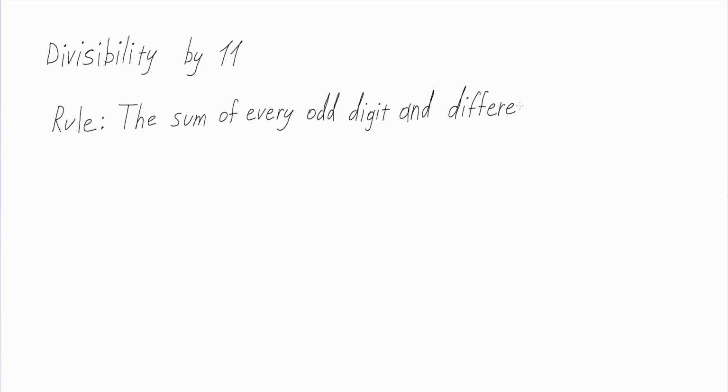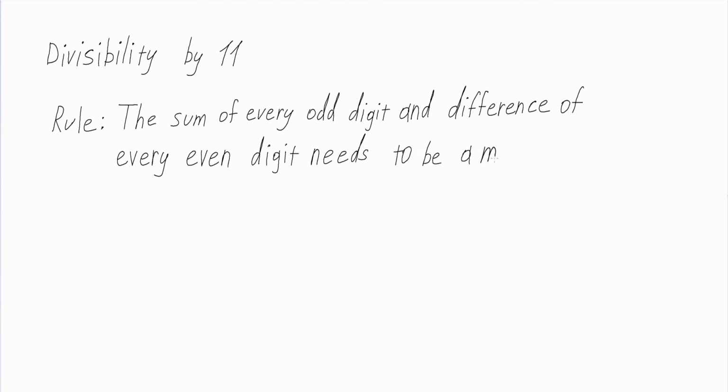The divisibility rule for 11 is a bit more complicated than the rest of the rules, but still easy to master. In order for a number to be divisible by 11, the sum of every odd-position digit minus every even-position digit needs to be a multiple of 11. This all may sound confusing, but let me show you an example.